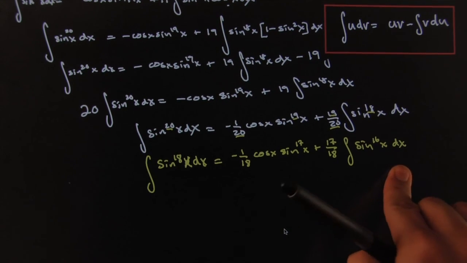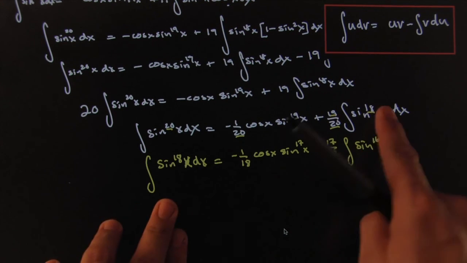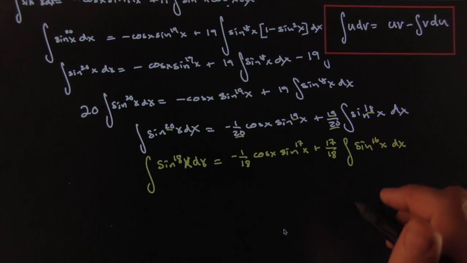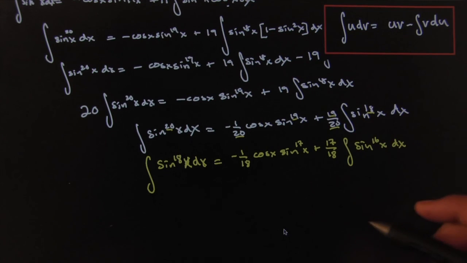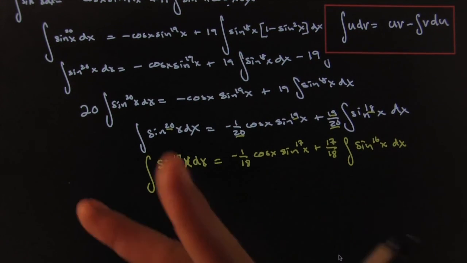That would be the pattern for sine to the 18th, and so on and so forth. Each one of these you could reduce, plug it back over there, and you'd be done in about 5 hours. Okay, famous reduction formulas by parts. Alright, peace. Maybe one more.